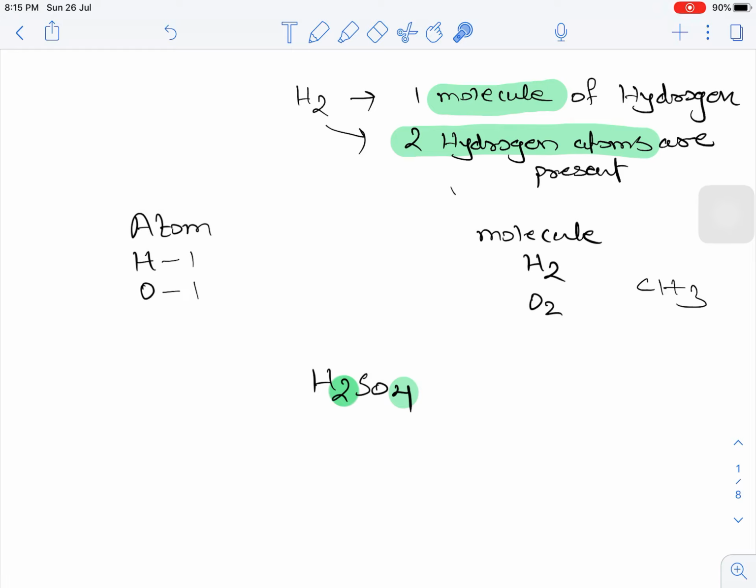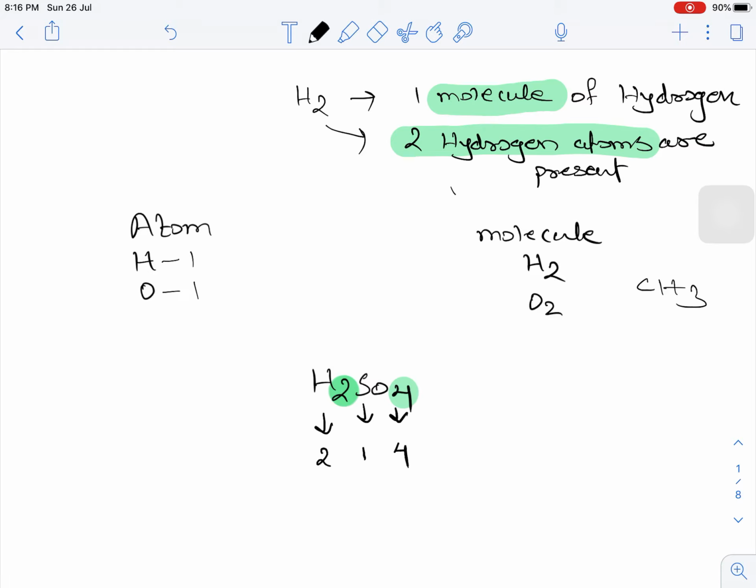So what does it indicate? That there are two atoms of hydrogen, one atom of sulfur, and four atoms of oxygen. Is it clear?